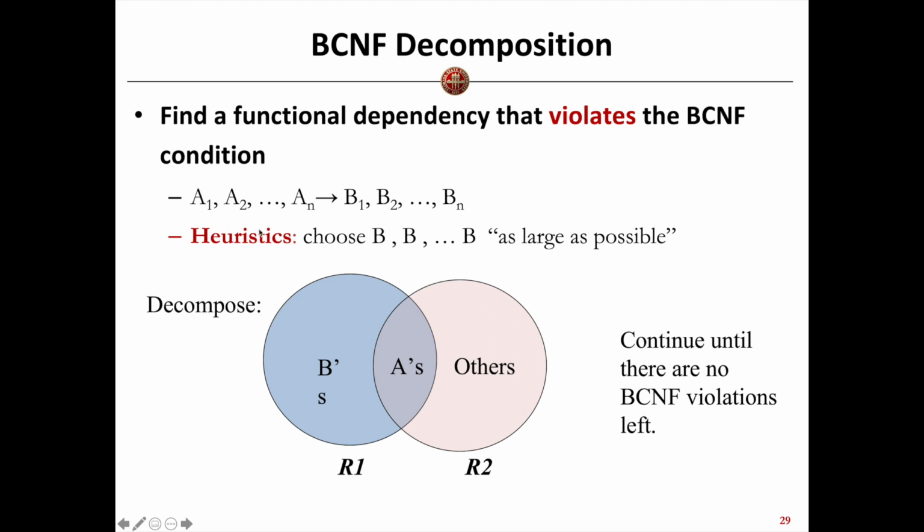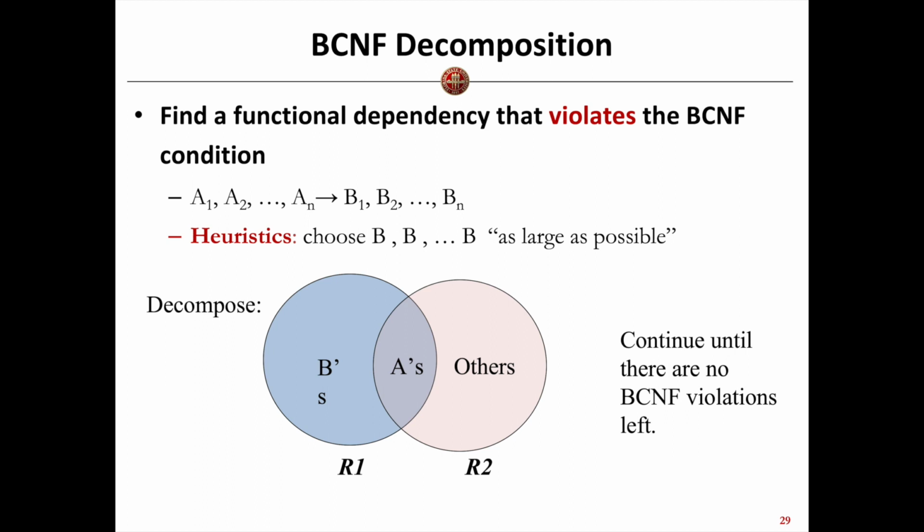By computing the closure of A1 to AN, we can make this B1 to BN part very large, which composes the closure of A1 to AN. The main reason to make B1 to BN as large as possible is to avoid redoing the decomposition many times on the relation. We'll show you why we do this later.